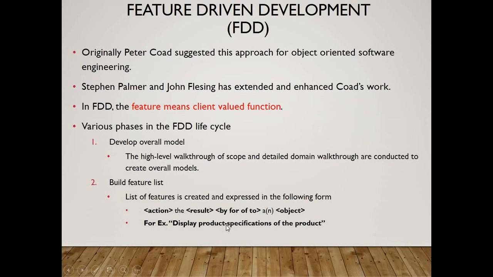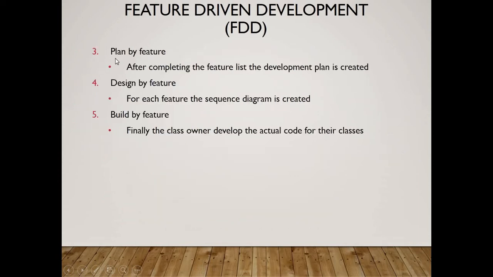So we will have to display the product specification of the product. Our action is displaying, our result is product specification, and our object is the product. So this is the build feature list. In it, we list features created and expressed in this form. After it comes plan by feature.